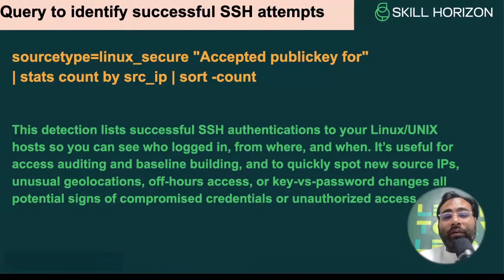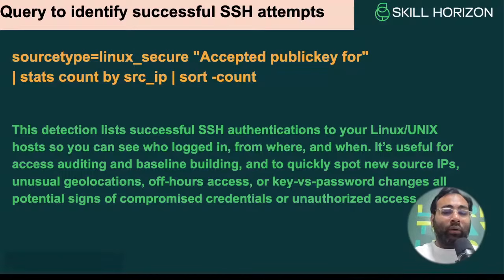So this particular detection also lists successful SSH authentications to your system, so you can see who logged in from where and when. It's useful for access auditing and baseline building, and to quickly spot new source IPs or unusual geolocations of access.